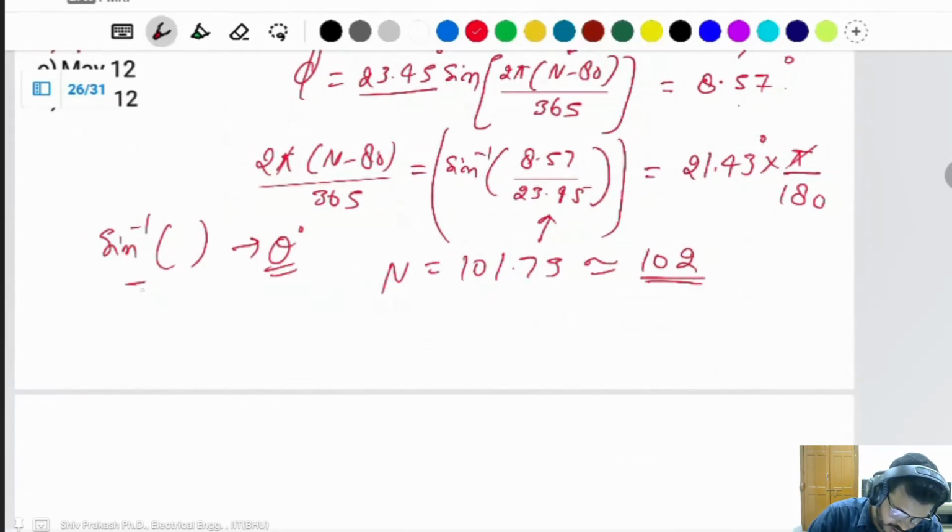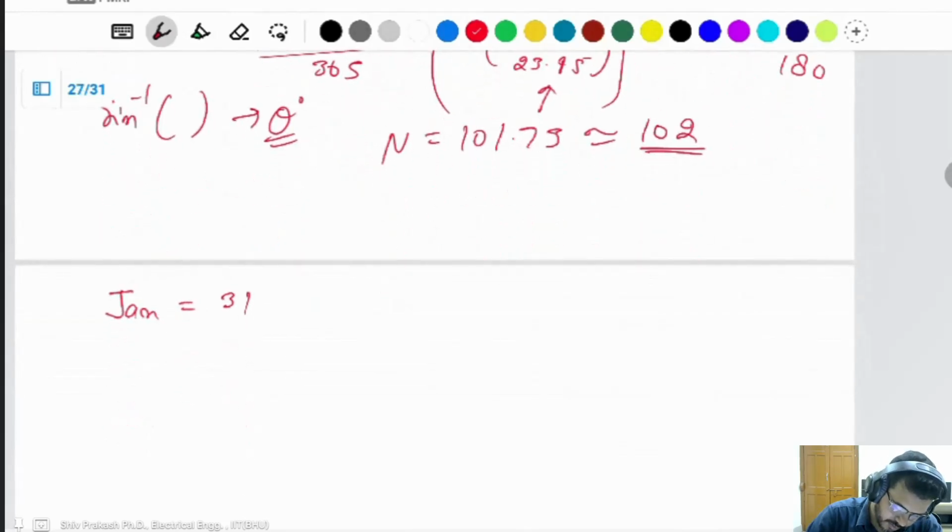Same thing, we calculate: January 31, February 28, March 31.